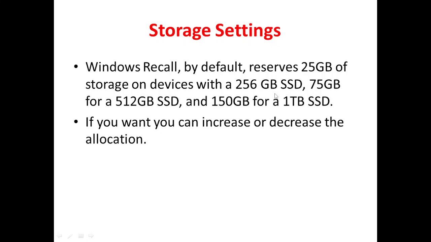In case you have a 256 GB SSD, it will occupy 25 GB by default. If you have a 512 GB SSD, it will occupy 75 GB by default. If you have a 1 TB SSD, it will occupy 150 GB by default. So if you want to increase or decrease the allocation, you can do that also.